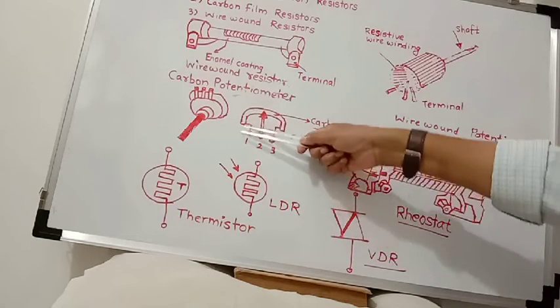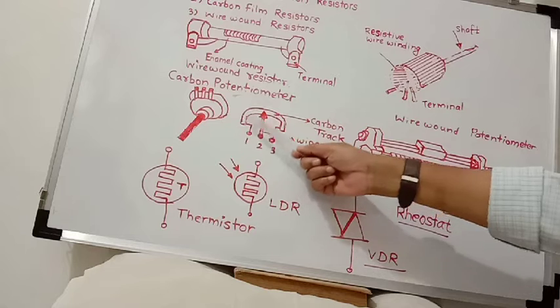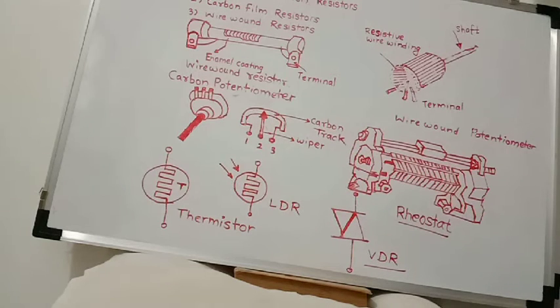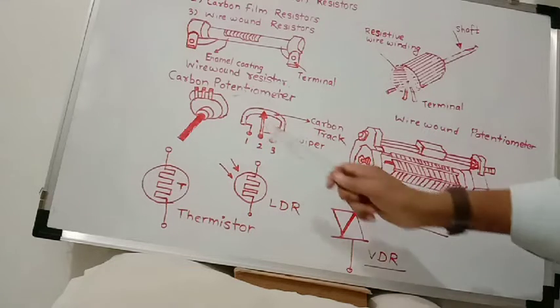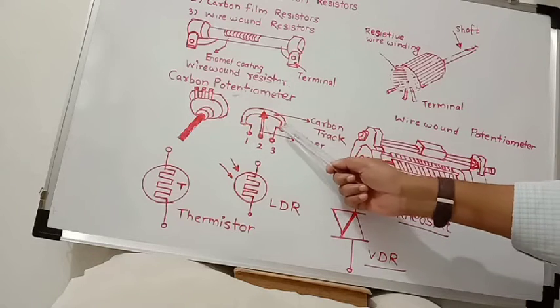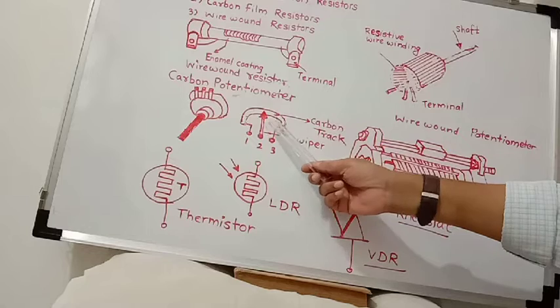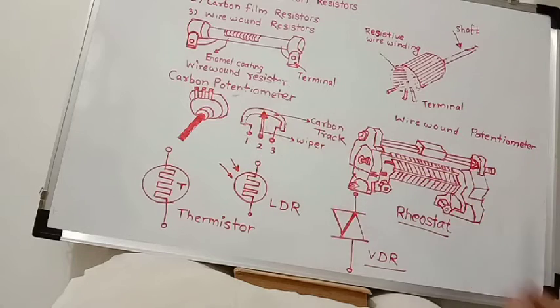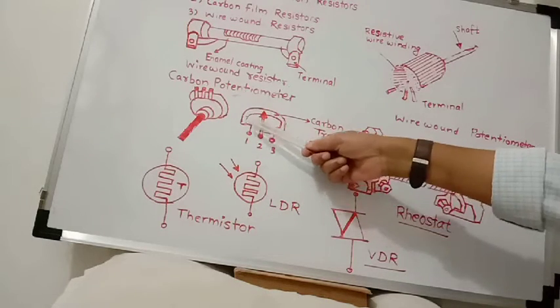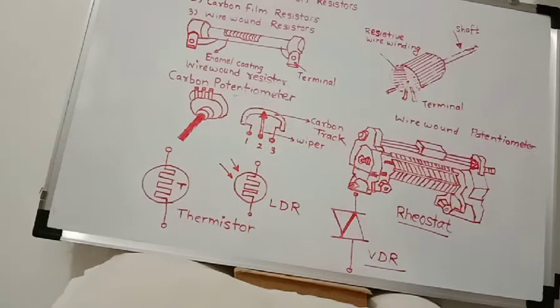This circular ring is a carbon resistive track. That is, this ring is made from carbon. Carbon material is deposited on this circular ring.